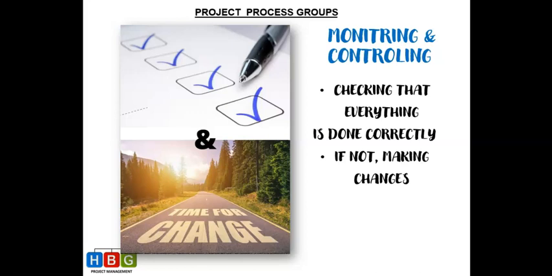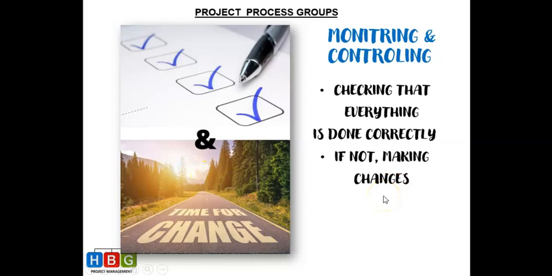That is your monitoring function. We check that everything is done according to the plan and done correctly, according to the quality requirements for the project. And the second part is, if it is not done correctly, then we need to start making changes. That's the second part here at the bottom.